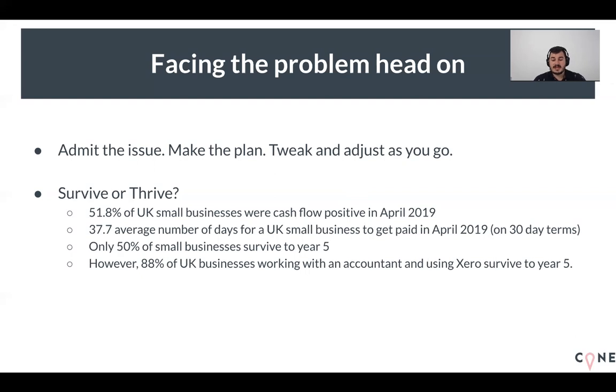37.7 was the average number of days for a UK small business to get paid in April 2019, based on a 30-day term. So most people, by default, if you're giving them 30-day terms, are paying you 7 days later on average than what they should be paying you. A lot of the bigger companies, like big Vodafone, and big corporates, are responsible for that when they're putting 90-day terms, or they're paying when they want to pay you, and stuff like that.